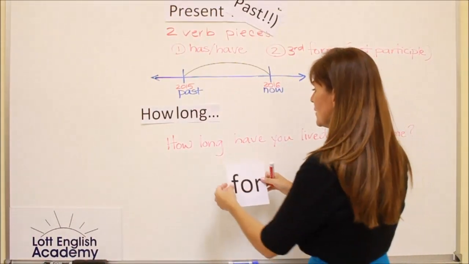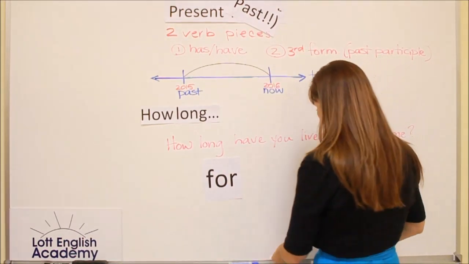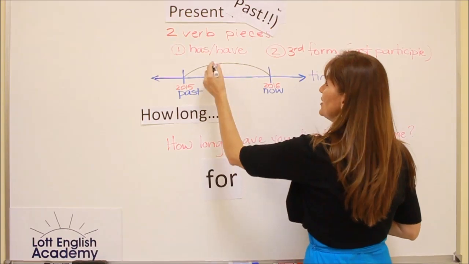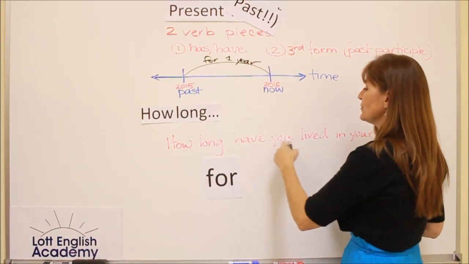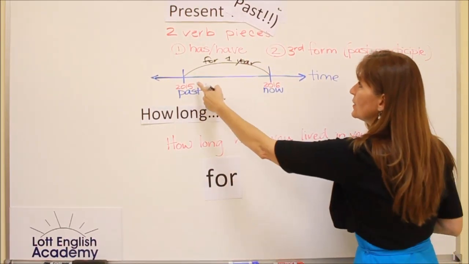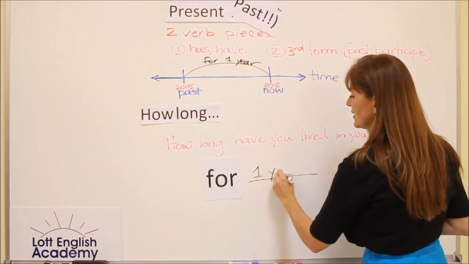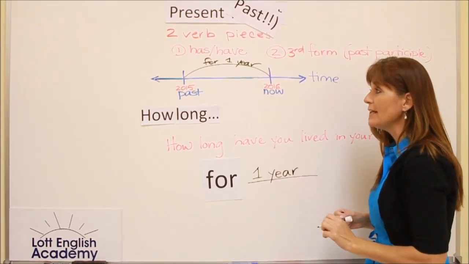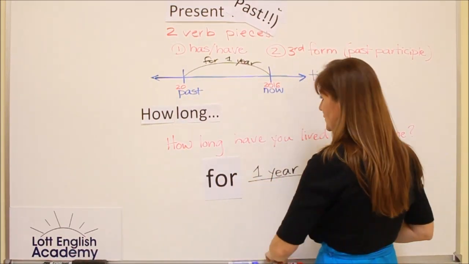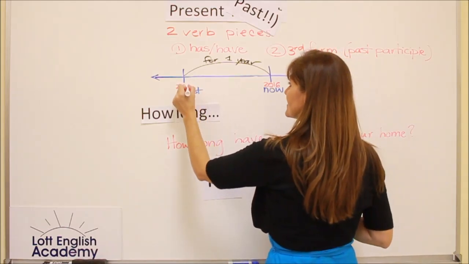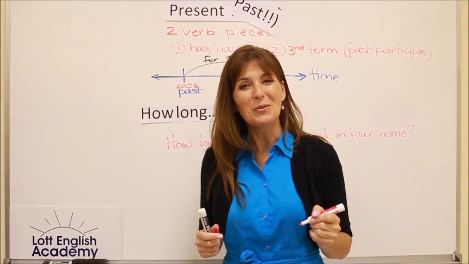So if you want to talk about how long this bridge is, we make an answer with for. How long have you lived in your home? For 1 year. For, with an amount of time, with a length of time. Maybe you moved into your house in a different year, maybe in 2006. How long have you lived in your home?